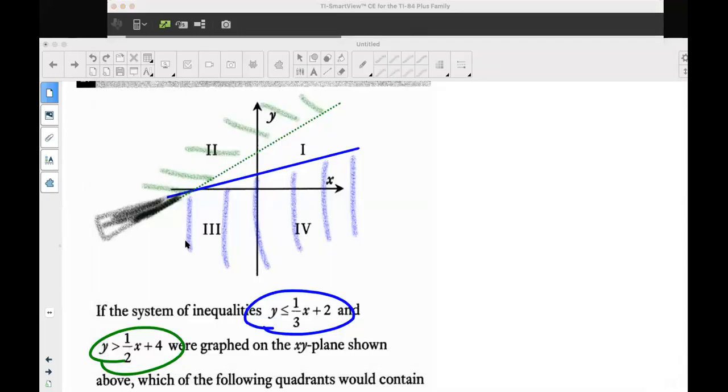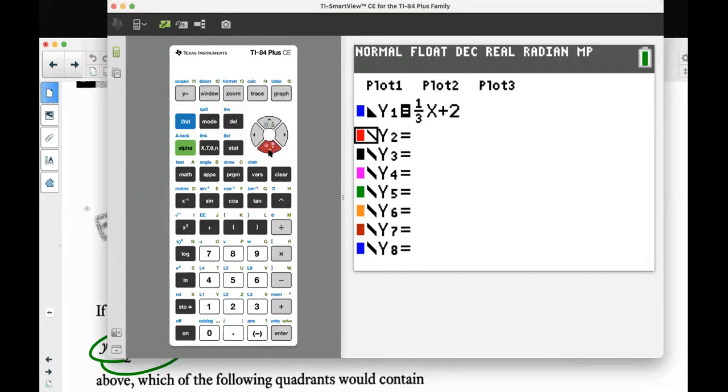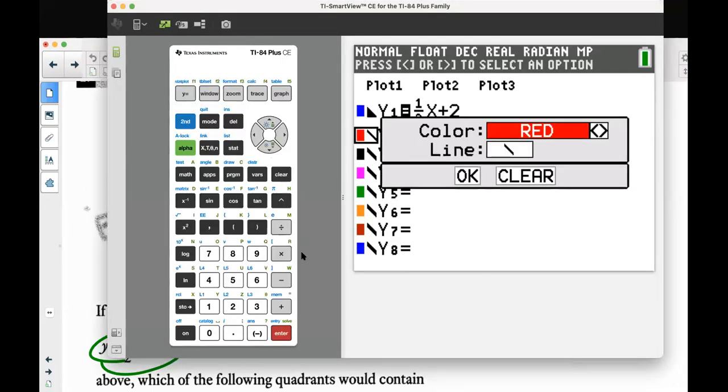How about the second one? The second one is y is greater than 1/2 x plus 4. It's greater, so I'm going to go for greater, shaded above.